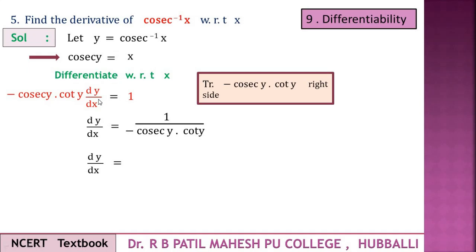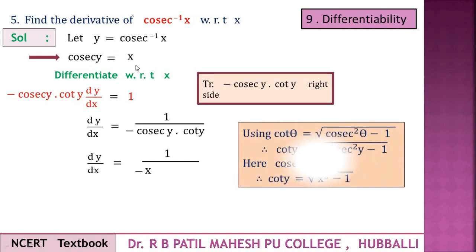So the next step is dy by dx, 1 divided by minus as it is. Now what is cosec y? We have to get the derivative answer in terms of x. So cosec y, from the second step, is x. But what about cot y? When cosec y is x, cot y is how much? Here I use the identity cot theta is equal to the square root of cosec square theta minus 1.